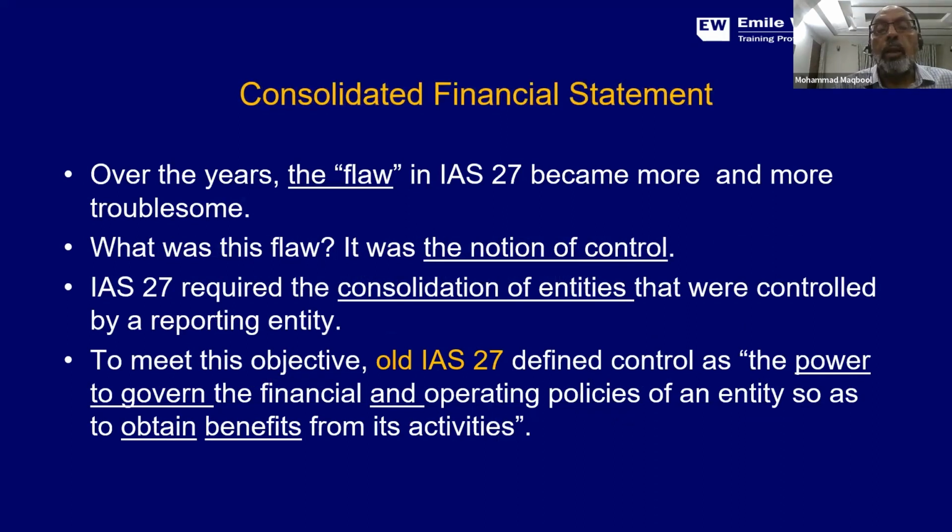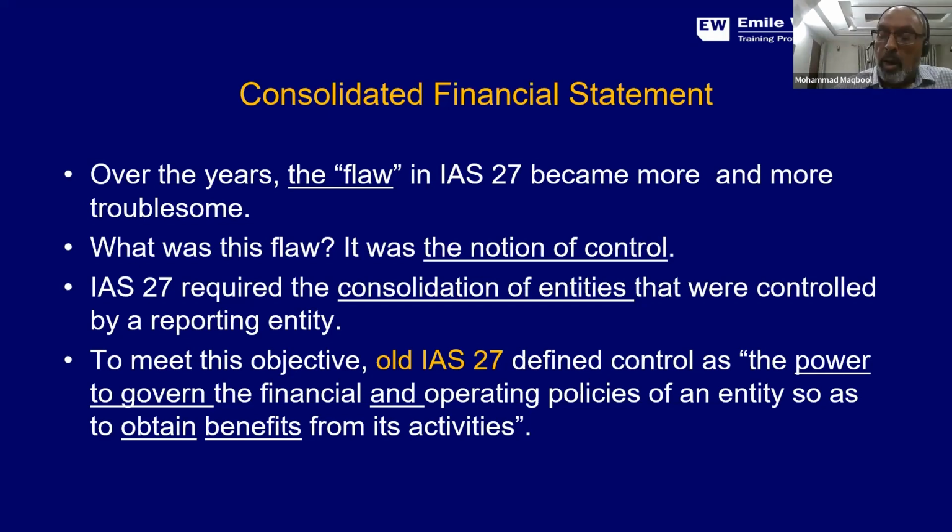Basically, the reason why this new IFRS 10 was given is that there was a flaw in IAS 27, particularly related to the definition of control. Control was defined in a way where the entity has the power to govern the financial and operating policy of an entity so as to obtain benefits from the activities of that investee company, and that was known as control.